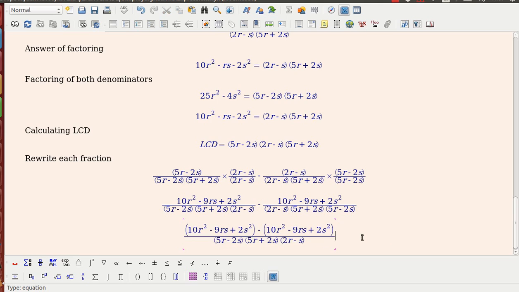Some students prefer to write the least common denominator and both numerators, and if it's a subtraction, the subtraction. Don't forget the parentheses.